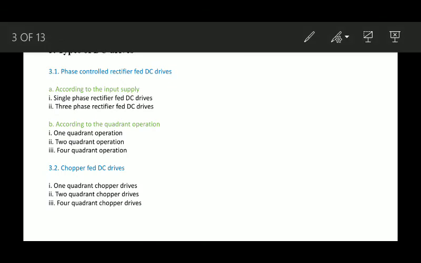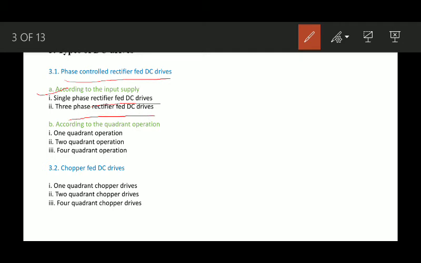Types of DC drives. There are phase control rectifier fed DC drives. In the phase control, the phase of the output signal is controlled by switching devices such as MOSFET, IGBT and thyristor. According to input supply, there is single phase rectifier fed DC drive and 3-phase rectifier fed DC drive.